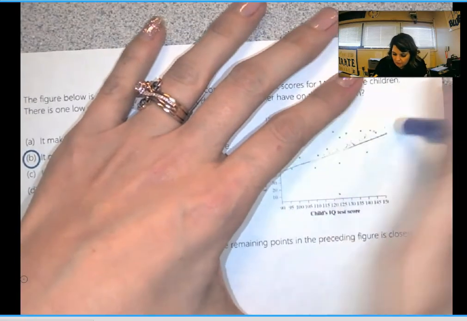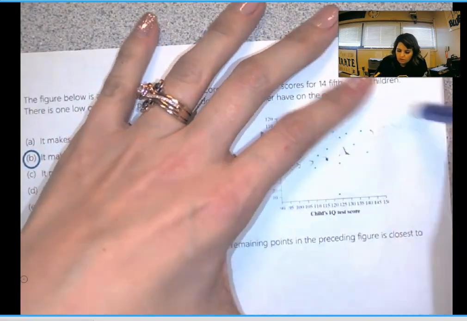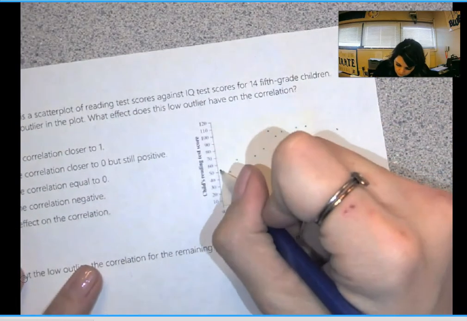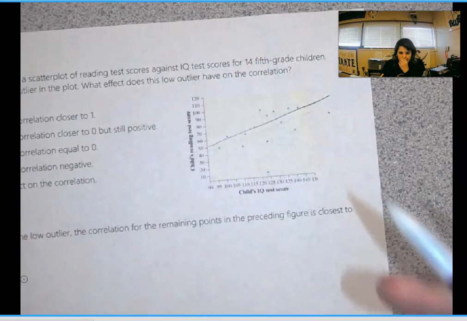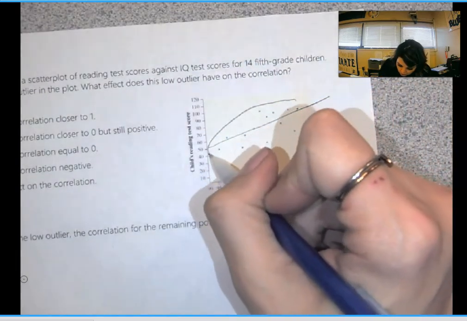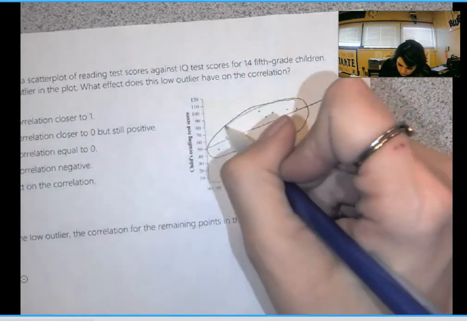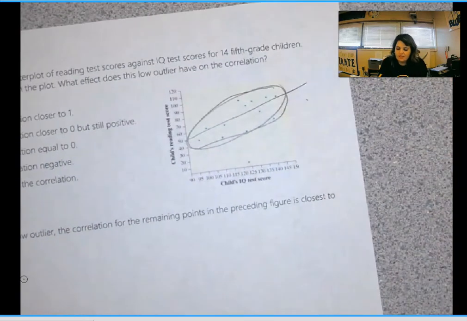I think that's a little bit too low. And then you could draw the oval. I don't think that's a 0.95 oval. I would not categorize that as strong.